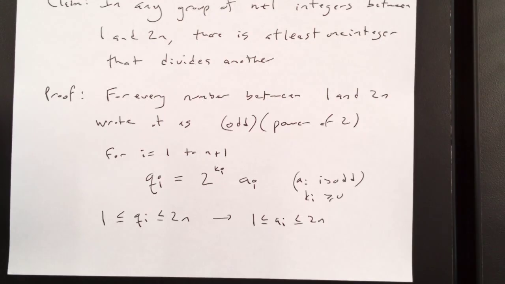Here's the sneaky part. How many possible values of a_i are there? a_i is the odd remainder after I divided out all the 2's, yes? How many odd numbers are there from 1 to 2n?